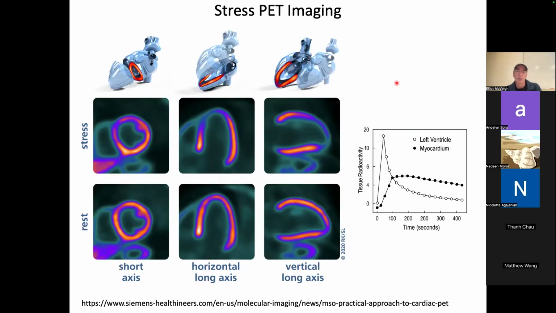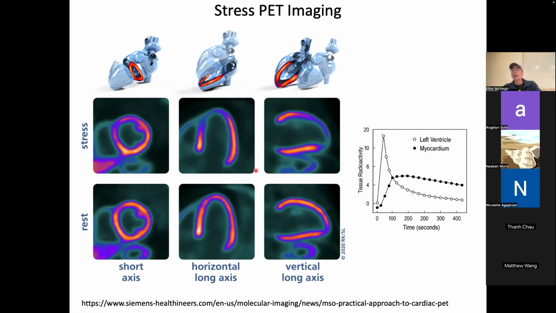So one thing we can also do is we measure when we inject the agent into the patient, we don't wait around for it to get taken up. We image while the injection is occurring, okay? And we'll put the patient under stress. So this is just like nuclear medicine.